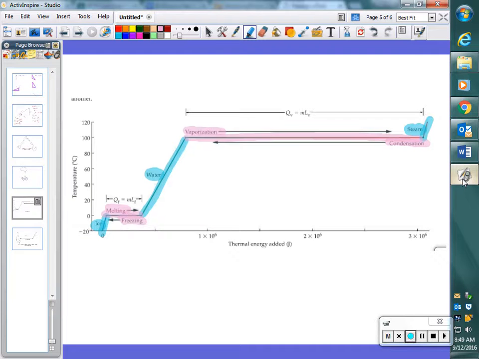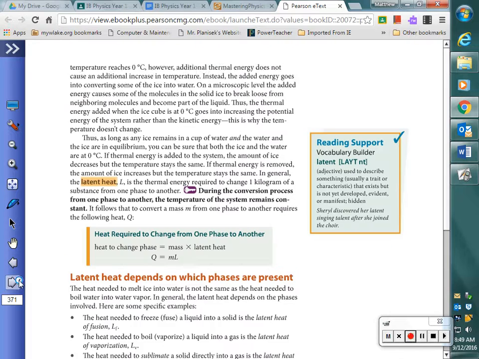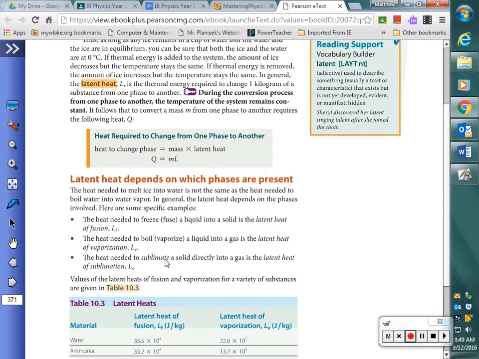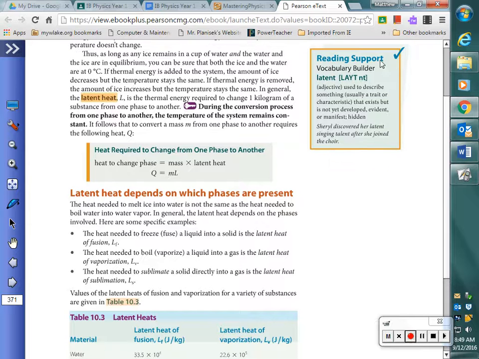We refer to this energy that is not changing the temperature of the particles as the latent heat. Okay? So you can see here on page 371 our definition of latent: used to describe something that exists but is not yet developed, evident, or manifest.